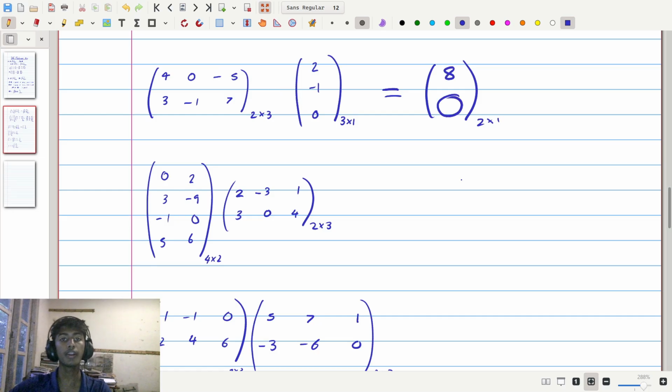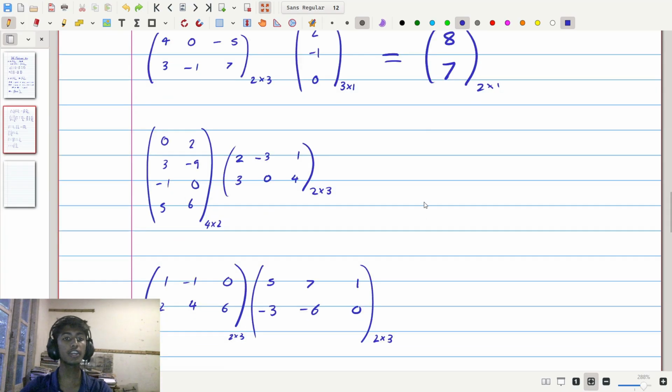Moving on to the next one, we have i equals 2, j equals 1, which is this row times this column, which is going to be 3 times 2, which is 6, plus negative 1 times negative 1, which is positive 1, plus 7 times 0. So we have 6 plus 1 plus 0, which is going to be 7, and therefore the element here is 7. This is our answer for the first question, 8 and 7.